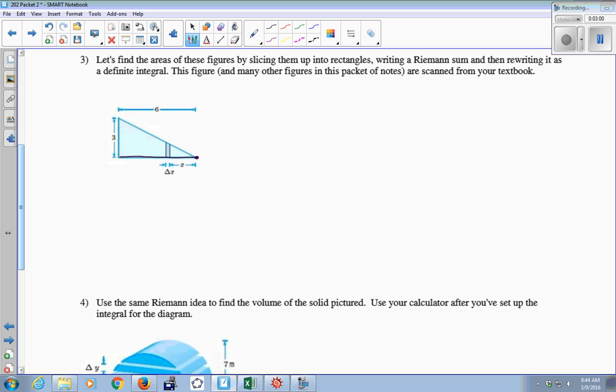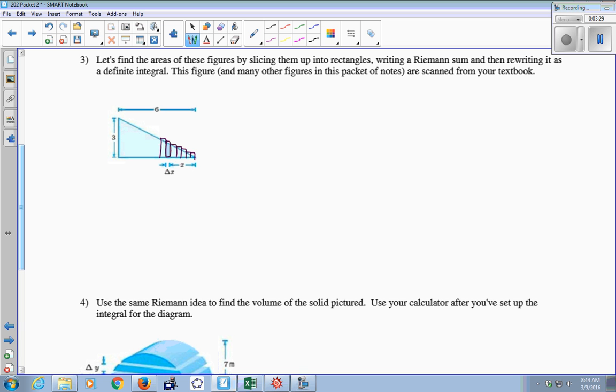So we pick some random spot along the base, and we say that's a distance of x, like to right here. And we're going to call the width of a random rectangle delta x. We're basically slicing this into a bunch of little rectangles. We're going to take our triangle, cut it into a bunch of little rectangles, and then let the width of the rectangle go to 0.